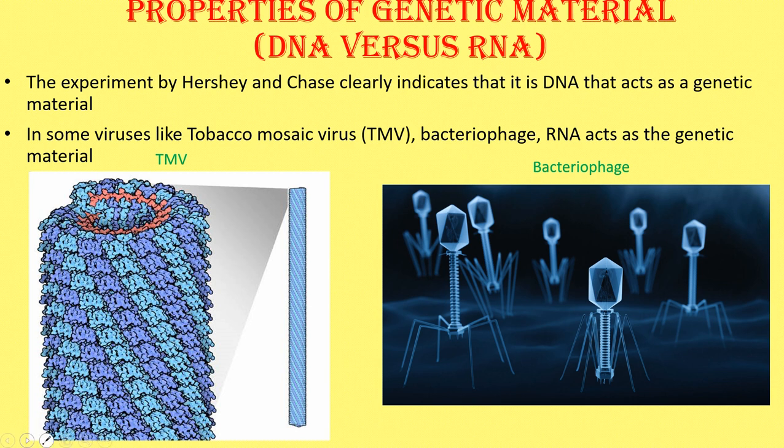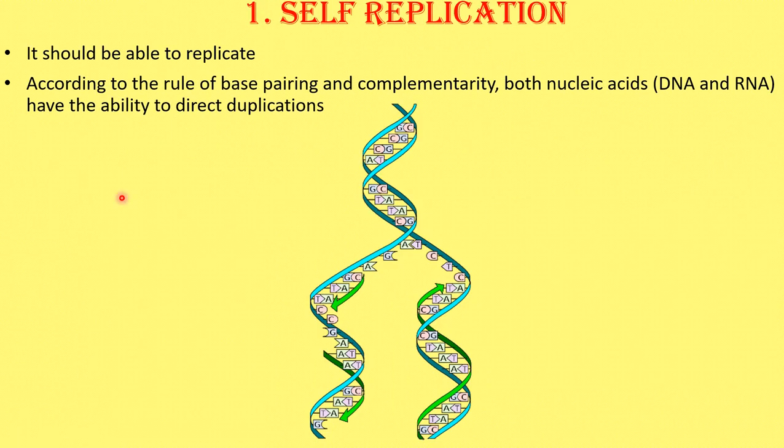Okay. Now, the first point regarding the properties, self-replication. What is replication? Here you can see the double-stranded DNA. It gets unwound. Unwinding means separated as single strands.